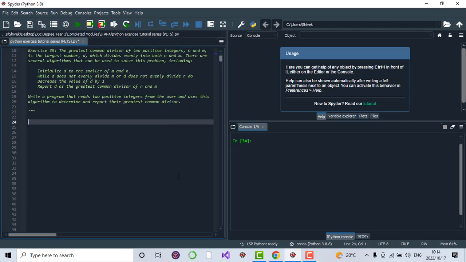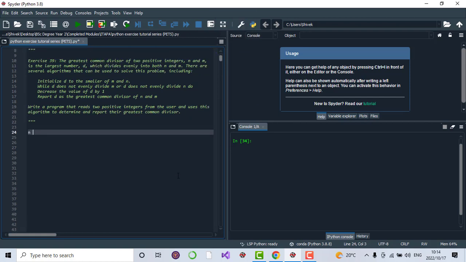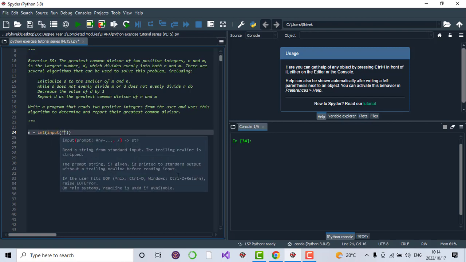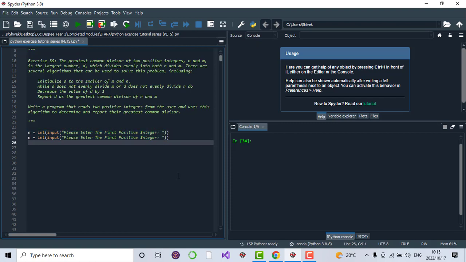So let's get to it. N and M, we'll use that. First positive integer, second positive integer, that's good.